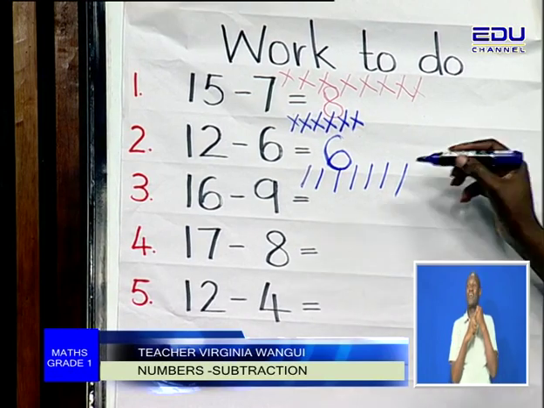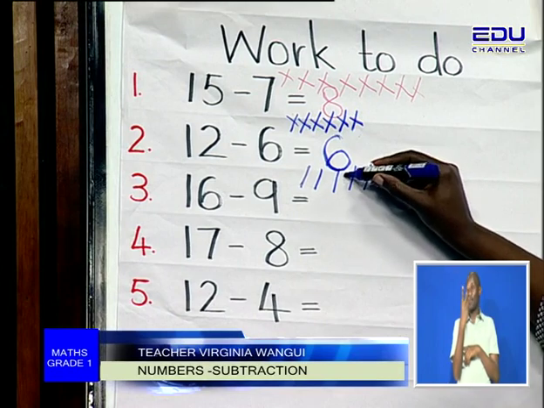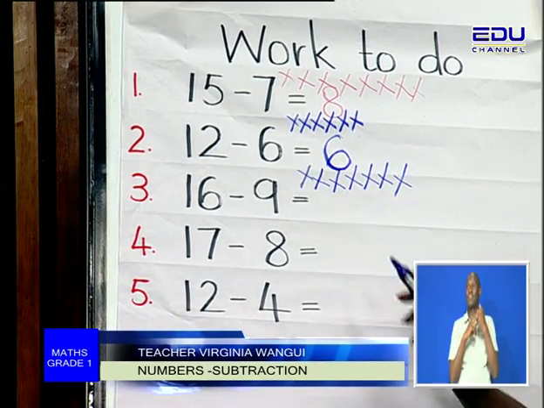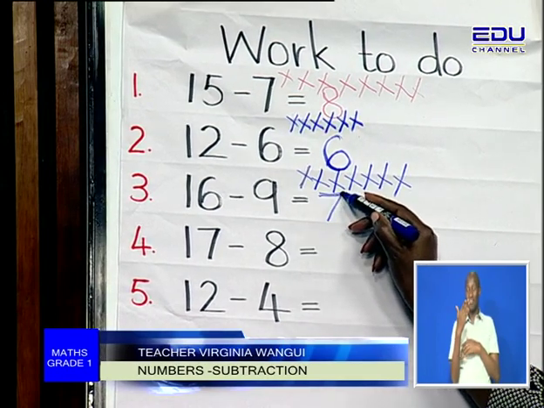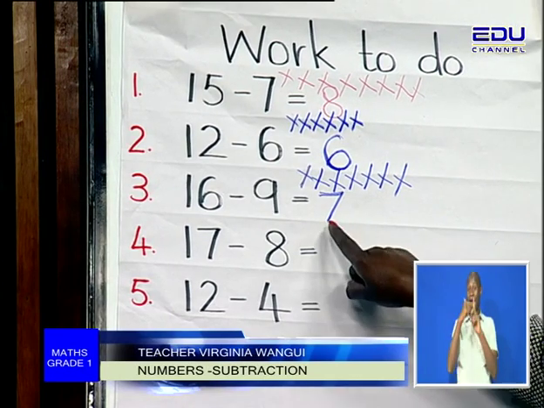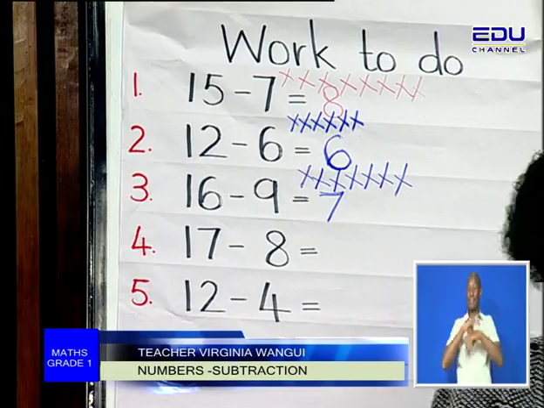How many have we added? 1, 2, 3, 4, 5, 6, 7. So our answer is 7. It is true because when you add 7 plus 9, you get 16.